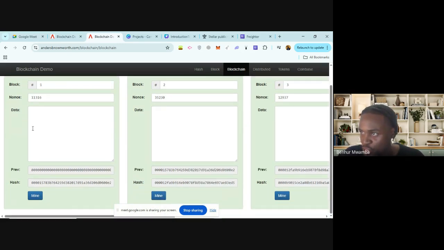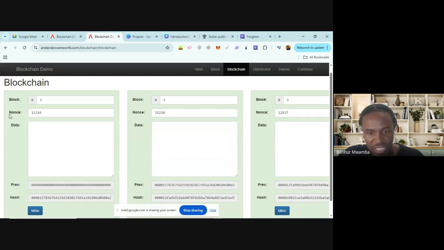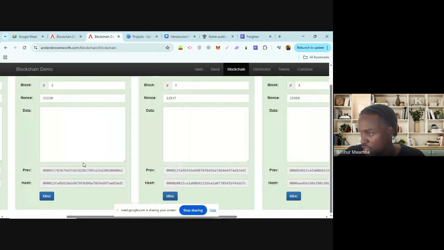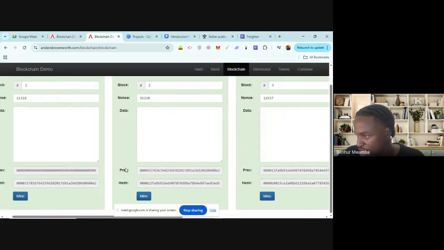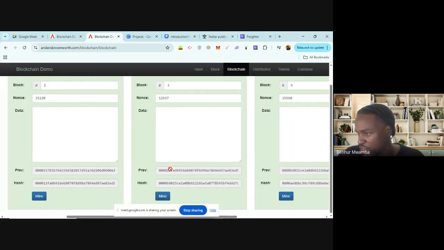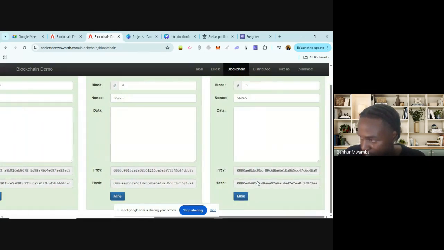If you look at the first block, the previous hash is all zeros. This is what they call the genesis block. If you look at the next block, you see the previous hash is the previous block's hash, and so on and so forth. It continues like that.